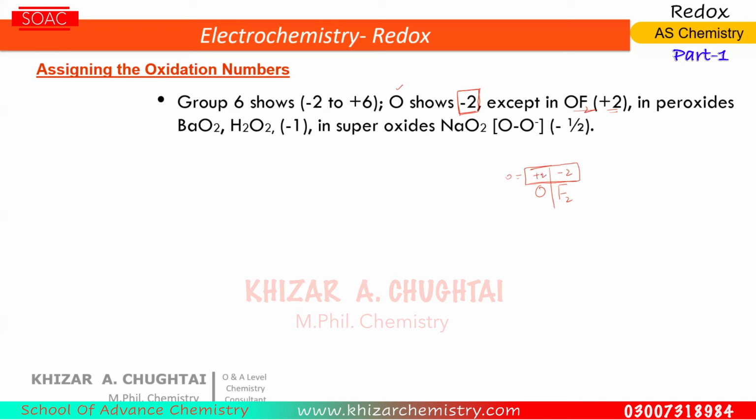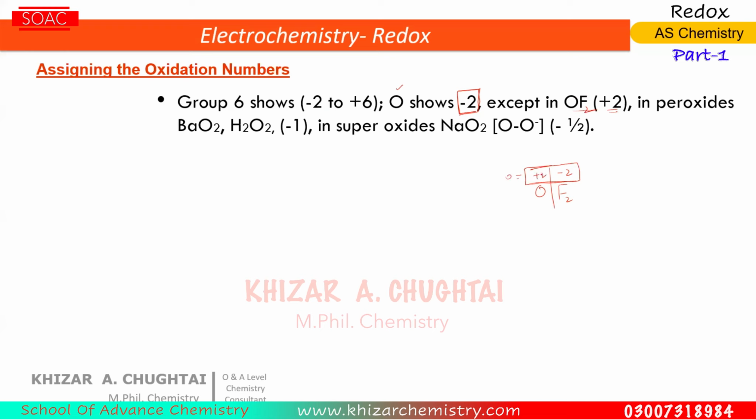If you have any doubt, you can check the other element. For example, barium oxide, BaO2. This whole molecule can be divided into two parts because there are two types of elements. Barium belongs to group 2.